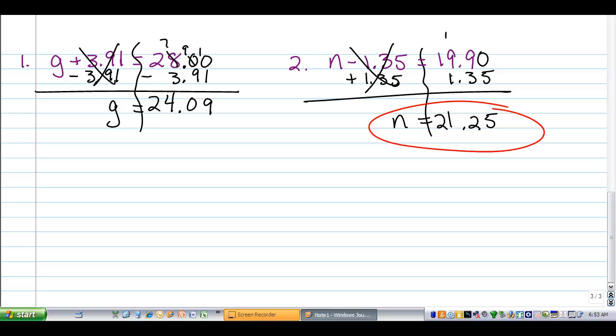All right, let's move on to multiplication and division now. Okay, here's a problem. B over negative 7.1 is equal to 0.62. Now remember we've got a negative here. So when you multiply, since you're going to do the opposite, make sure you keep that negative. Okay, pause and work out the problem.